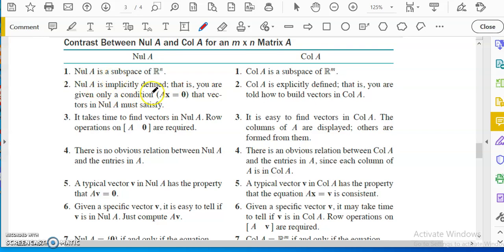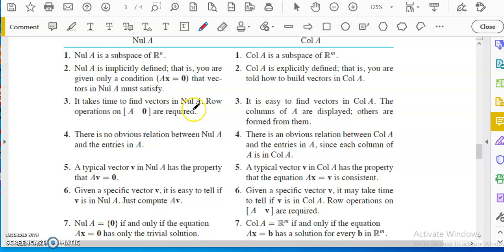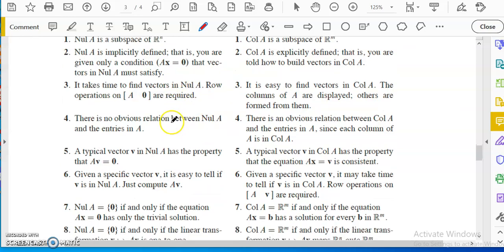The condition that a particular vector x belongs to Null A is that when you multiply x with A, it is equal to 0. But to find vectors that span Null A, you have to do an augmented matrix of A and 0. So it takes time to find vectors that span it.